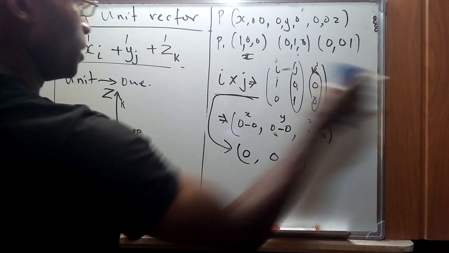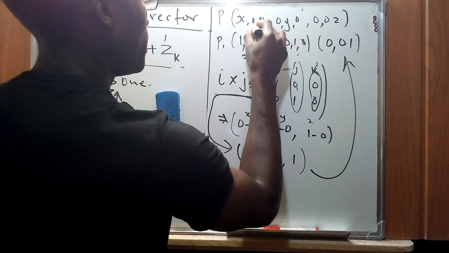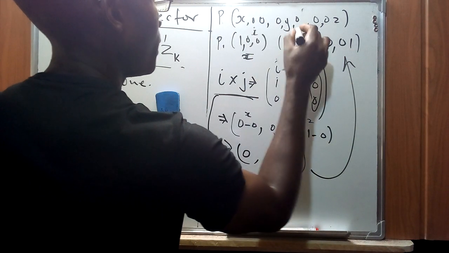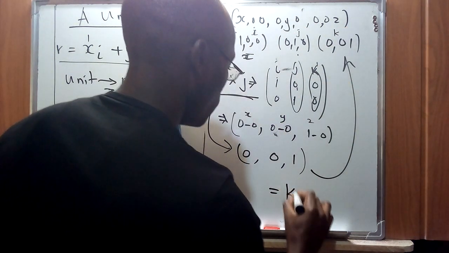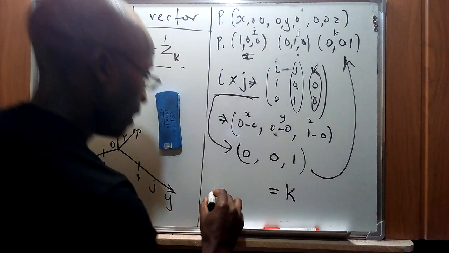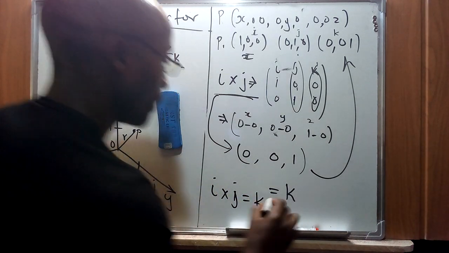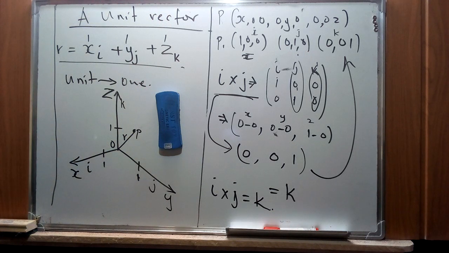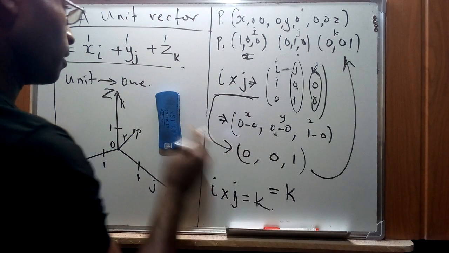And this basically represents the k component of that vector. Therefore, i cross j is going to give us k.